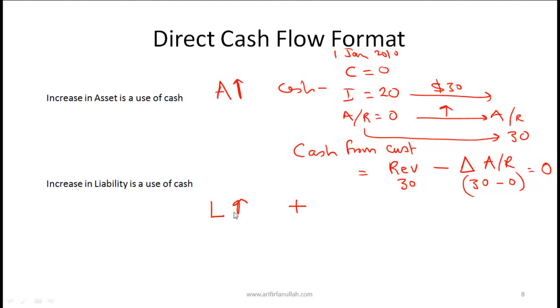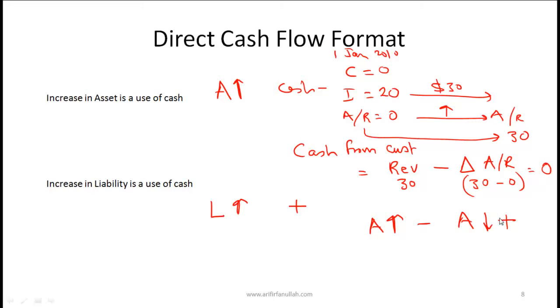So increase in liability is a source of cash. So the simple table that I would encourage you to learn is asset goes up, that is use of cash, which means negative. Asset going down then has to be the opposite, which would be positive. So the way you can think of this, in the subsequent year, if accounts receivable really went down from 30 to 0, that means the cash extra 30 came in.